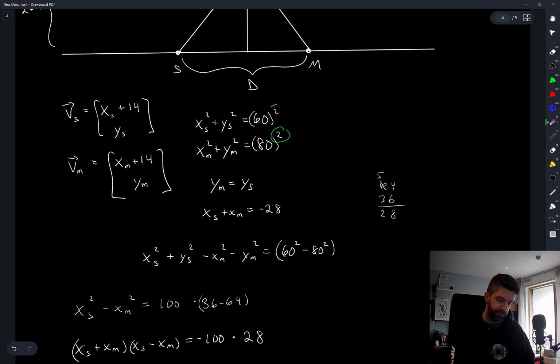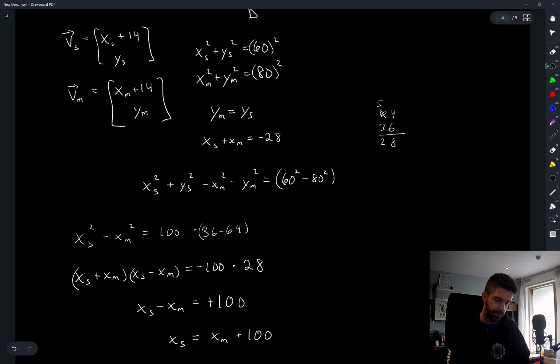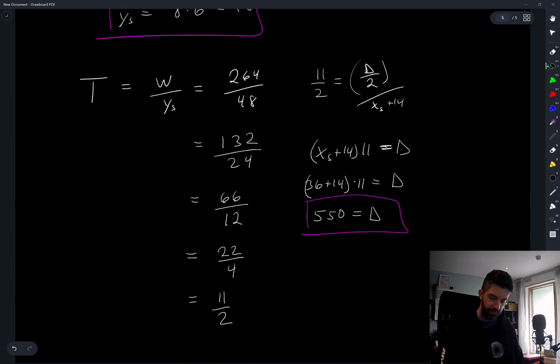Really silly of me to make this mistake, forgetting the square for such a long time. But of course the numbers here are chosen in such a way that solving for each of these 4 quantities isn't actually that bad. So my answer is 550.